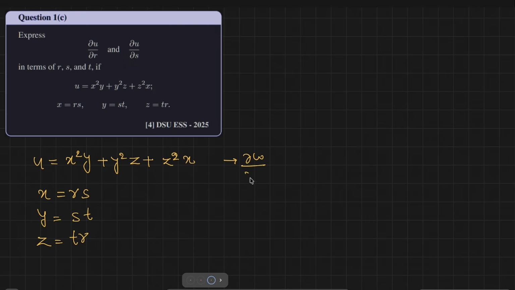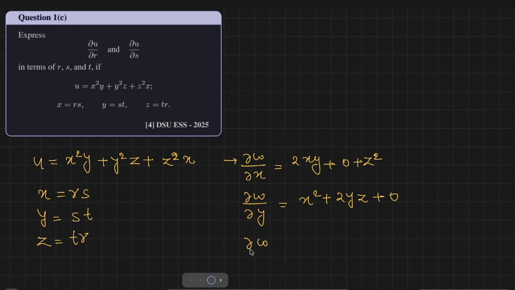I will write down the partial derivative with respect to x, which is going to be 2xy plus 0 plus z square. The partial derivative with respect to y is x square plus 2yz plus 0, and the partial derivative of w with respect to z is 0 plus y square plus 2xz.